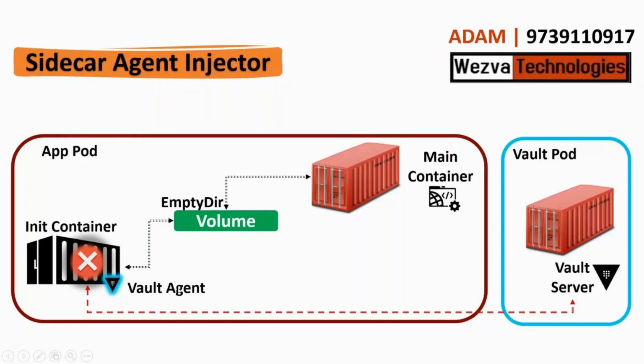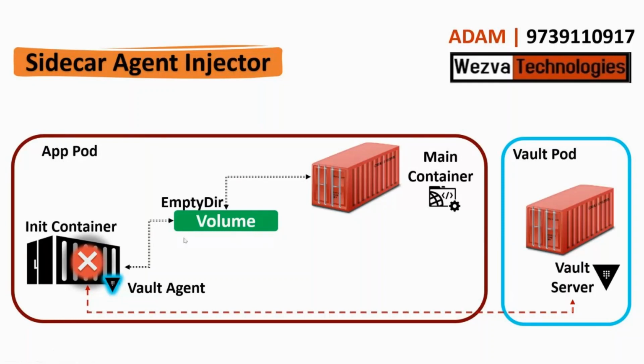So whatever credentials or files the agent has collected in the init container are already stored in the volume, and that will be mounted or injected inside your main container. So this is how, when your main container starts running, it will already have the necessary data or secrets available in a particular folder. This solves the first purpose: before my application starts running, you would have the respective data.